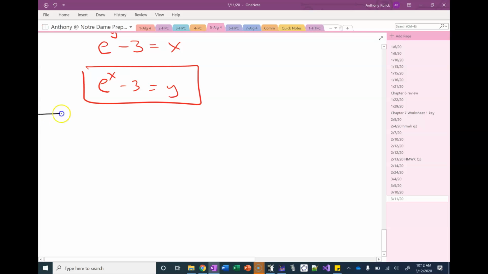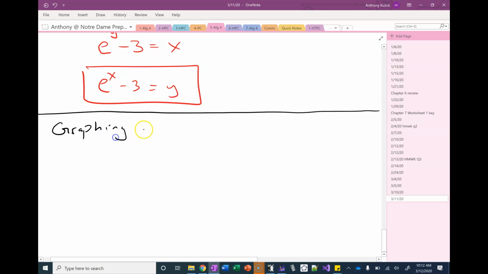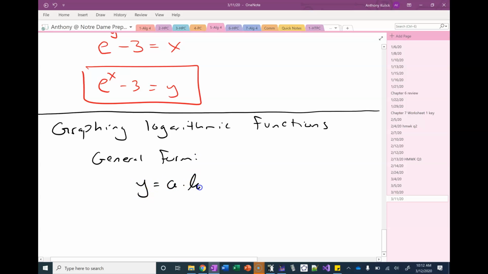The last topic that we want to talk about today is graphing logarithmic functions. So my general form for a logarithmic function is this.